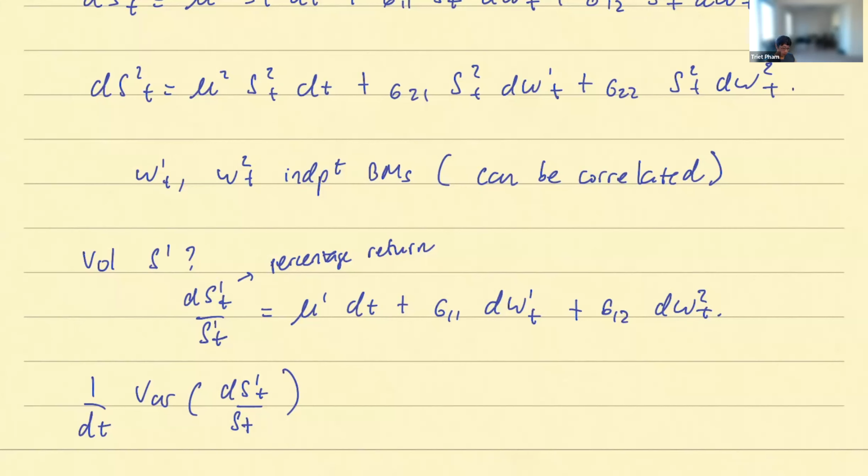So here, what can you tell me about the return? The return here, according to this model, is distributed like what? Is it normal? With what kind of mean? This is the mean. What's the variance? Times dt.